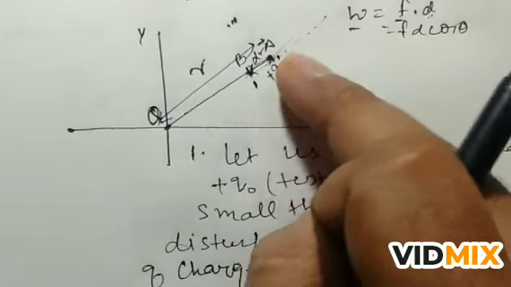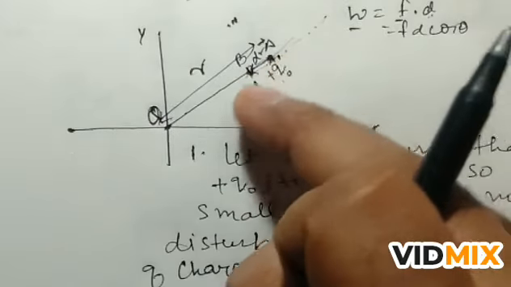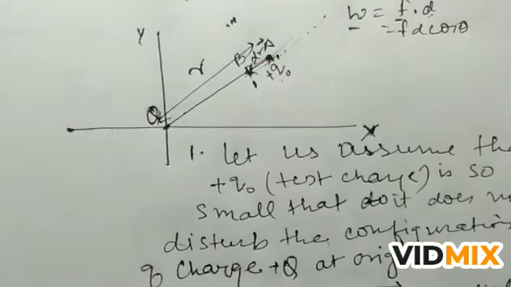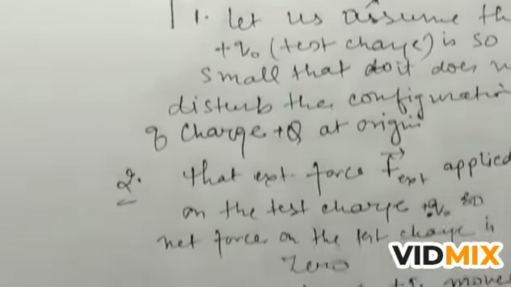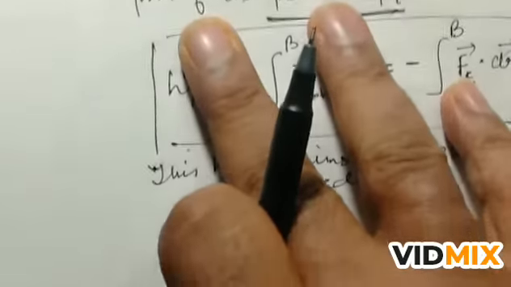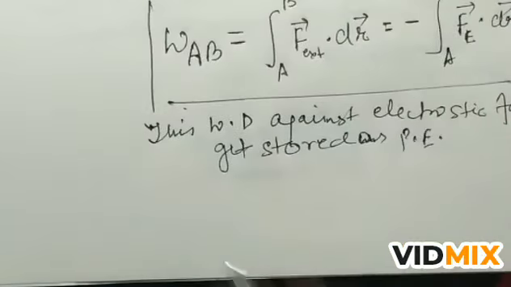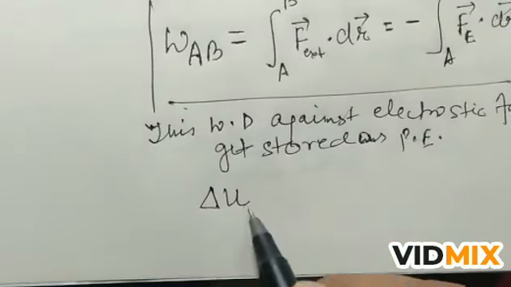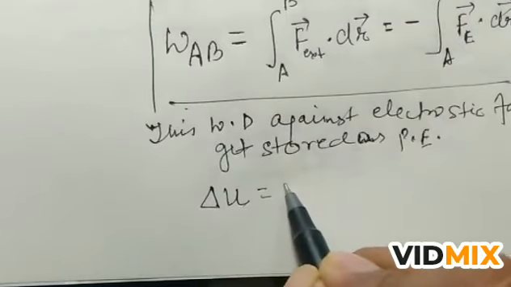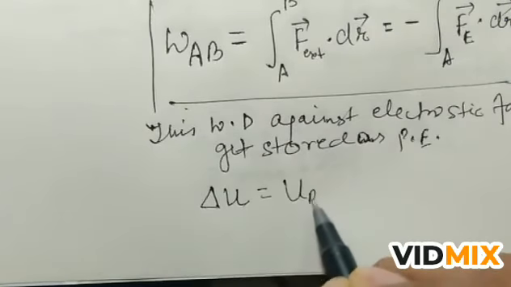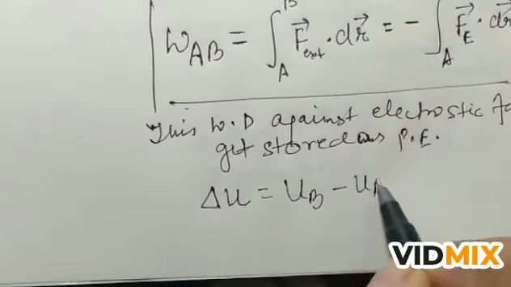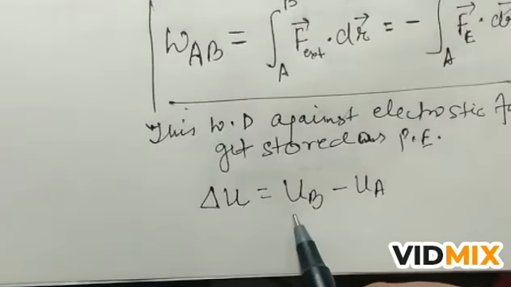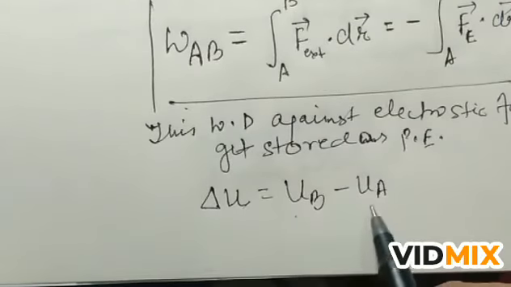If we find the difference of these energies at the two points, that is called the energy difference. So we can write here delta U, the difference of energy at B minus energy at A. Energy at B is more than energy at A.